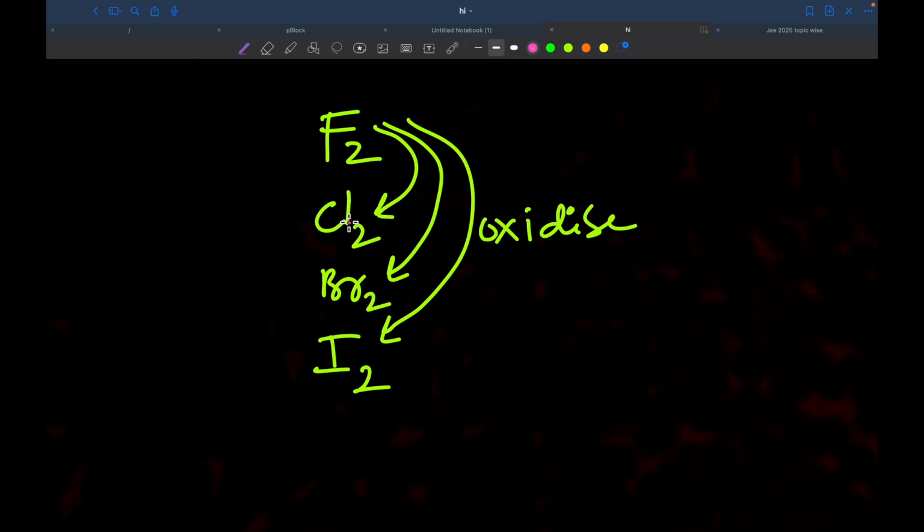Chlorine is also able to oxidize bromine as well as iodine. Bromine only oxidizes iodine, right? So oxidation of fluorine by chlorine is not possible. The upper one will oxidize the lower one, this is the rule, and the reverse is not possible. Hope you understand. Did you understand anything?